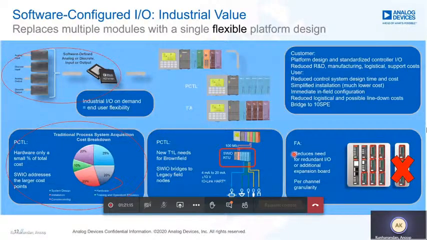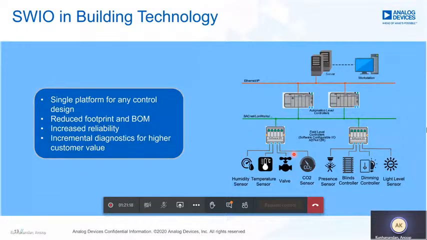And this is one particular case wherein SWIO can show its value. This is just one use case I am explaining here. When you go for building automation technology, you will have to deal with a number of sensors like humidity sensors, temperature sensors, gas sensors, and there could be valves operating for safety and other mechanisms.